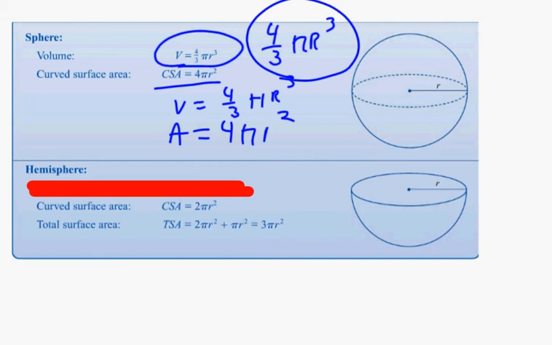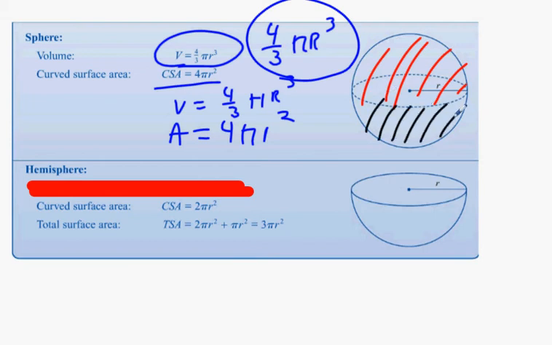Technically speaking, you could shade the top region in red and the bottom region in black, and to find the curved surface area, all you have to do is halve the area of the original sphere. Does that make sense? Half the area of the original sphere, you'll get the black part.